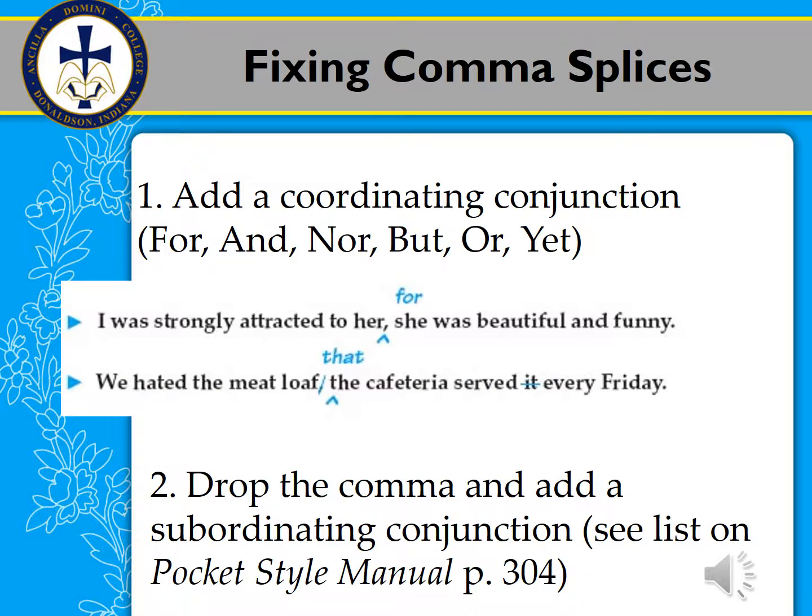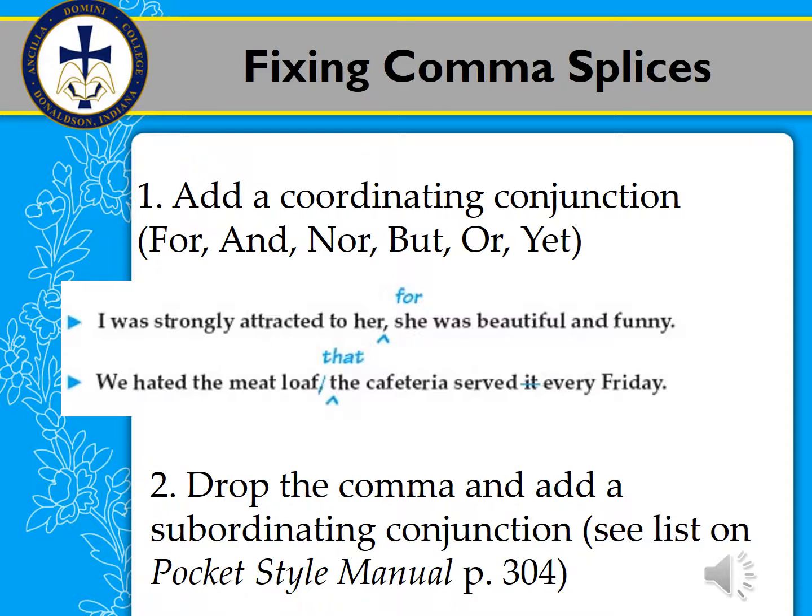Looking at some comma splice examples, we can see in the originals what it looks like. It's two independent clauses with just a comma in between, but without a coordinating conjunction. Let's look at two different scenarios. One is that we would just add a coordinating conjunction. To join two independent clauses, we need a comma and a coordinating conjunction.